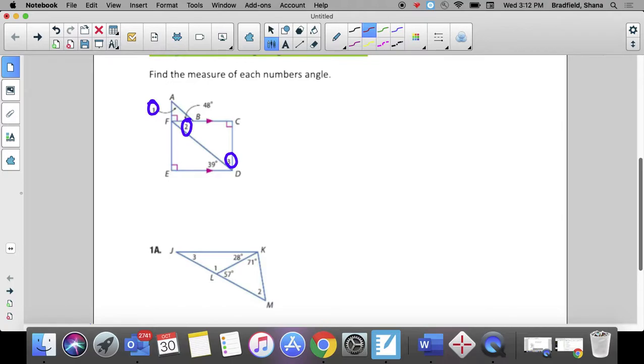So if I did that, I would actually start with angle 1 because it is part of triangle ABF there, and we have a right triangle. I know from the triangle angle sum theorem that the measure of angle 1 plus the 90-degree angle plus the 48-degree angle is going to equal 180, and I would solve that equation.